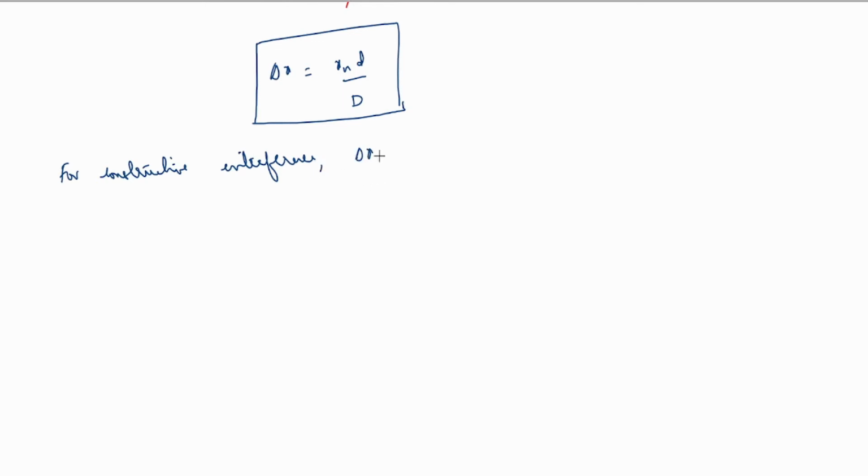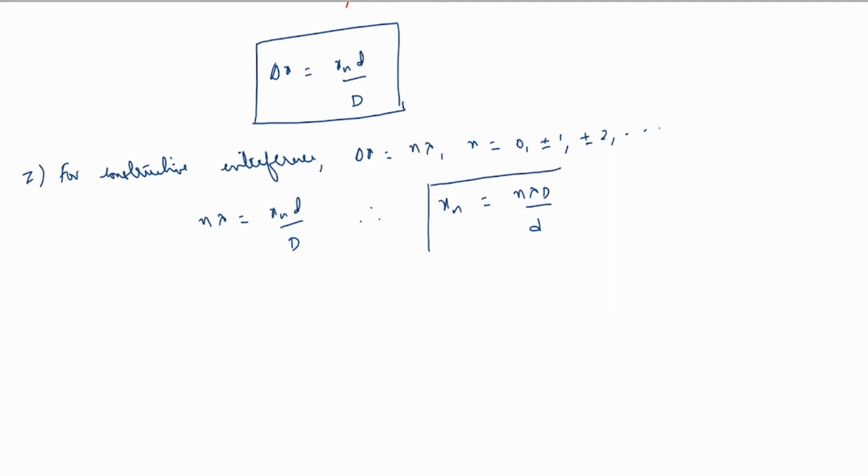In that case, the path difference is equal to n into lambda, where n is equal to 0, plus or minus 1, plus or minus 2, etc. Putting it here, delta x, which is n into lambda, is equal to xn d by D. Therefore, xn is equal to n lambda capital D by small d. So this is the expression for xn in case of a bright band.